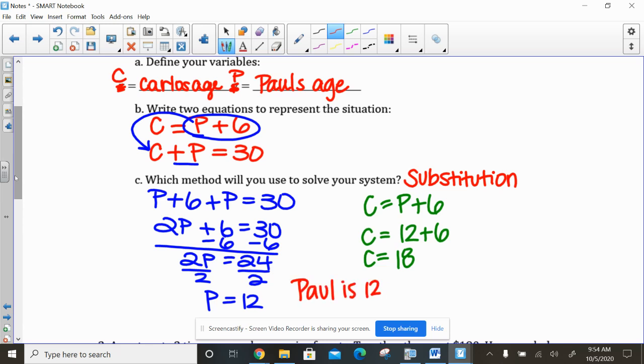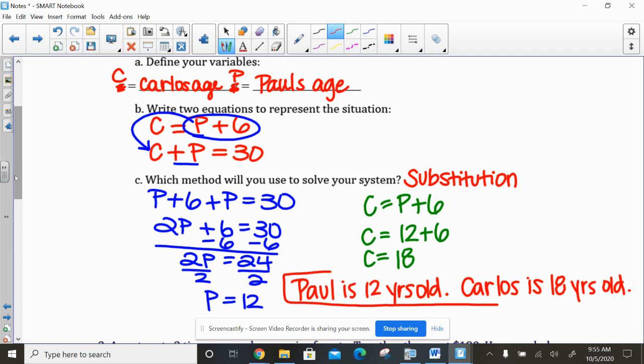Paul is 12 years old. Carlos is 18 years old. So I wrote my equations. I used substitution to plug in and solve for the boys' two ages.